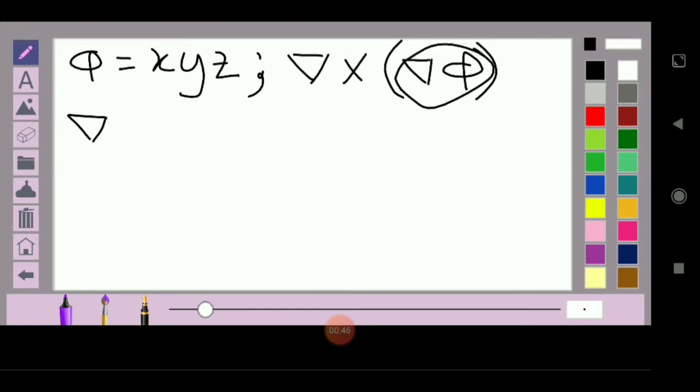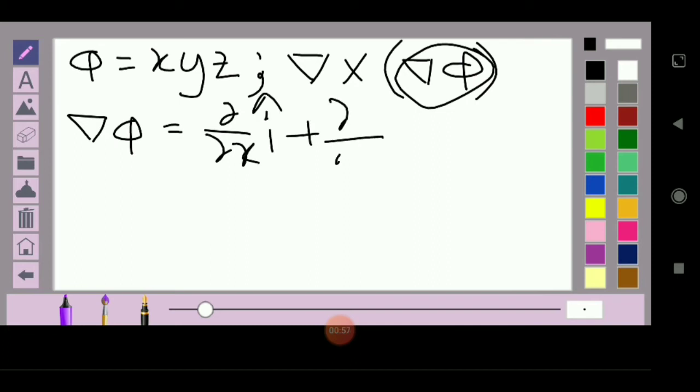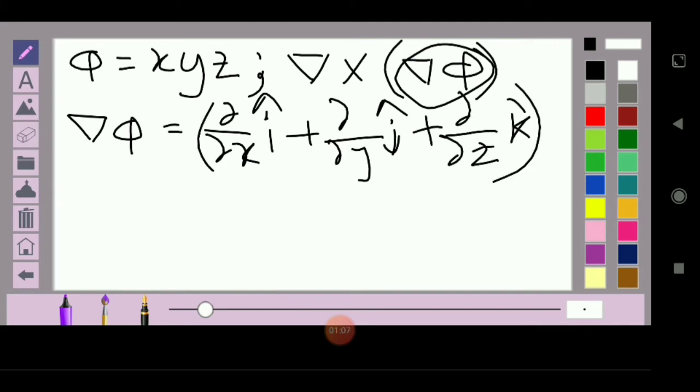As we know, the expression of the del operator is always del x i hat plus del y j hat plus del z k hat, and then no dot product, only multiplication of x, y, z we will take.